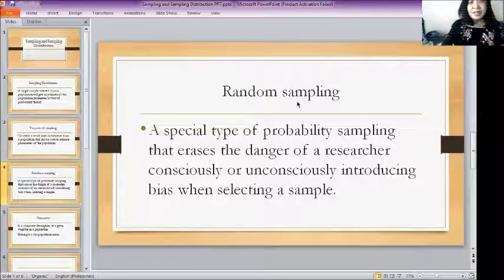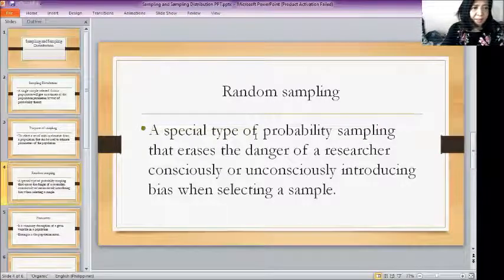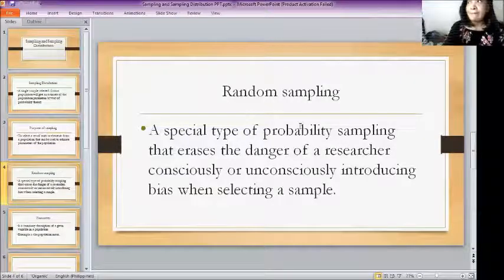Okay, random sampling. As I said earlier, random sampling is a special type of probability sampling that erases the danger of a researcher consciously or unconsciously introducing bias when selecting a sample. Under probability sampling, there is no bias.